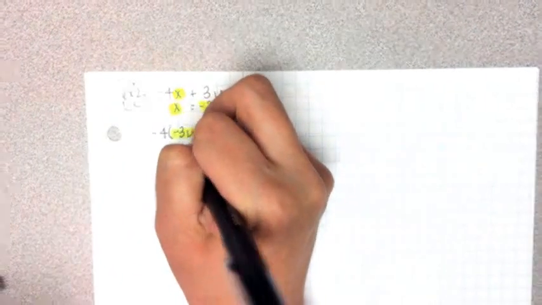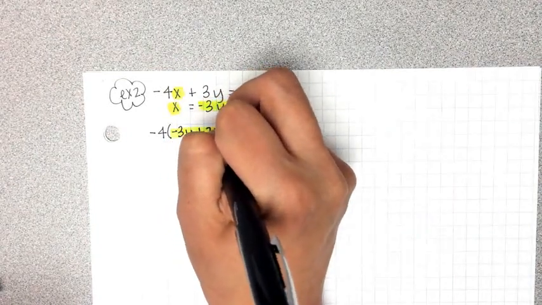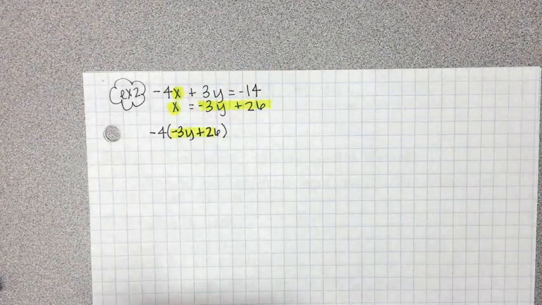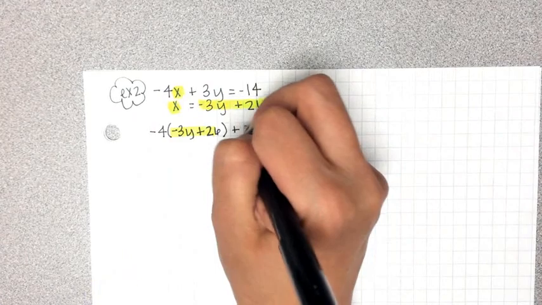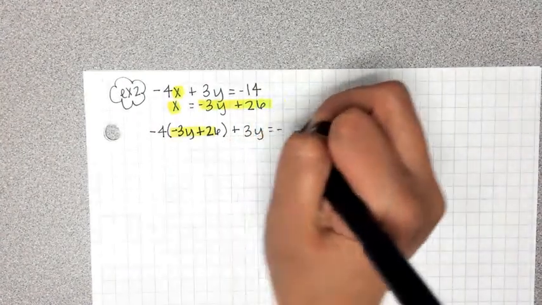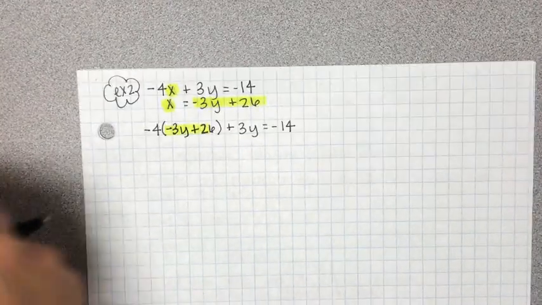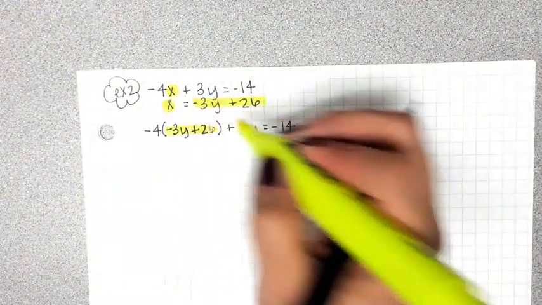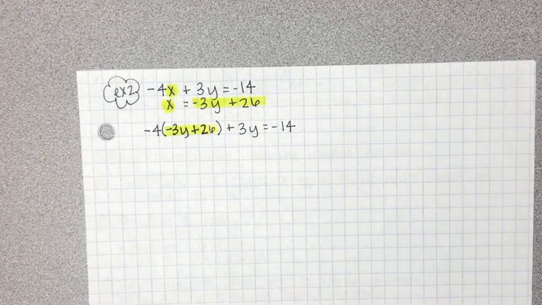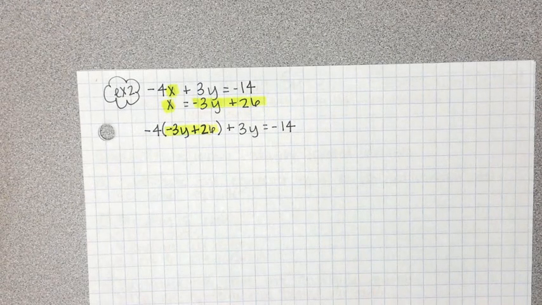Here's where I'm going to write the negative 3y plus 26. Close your parentheses. Everything else is still there. Plus 3y equals negative 14. This one didn't get highlighted. Okay. So that is step 2.